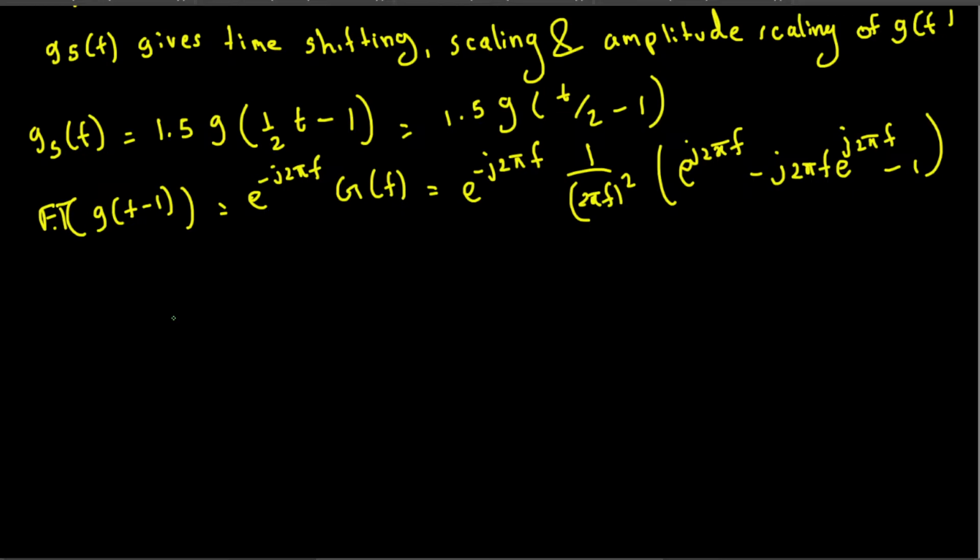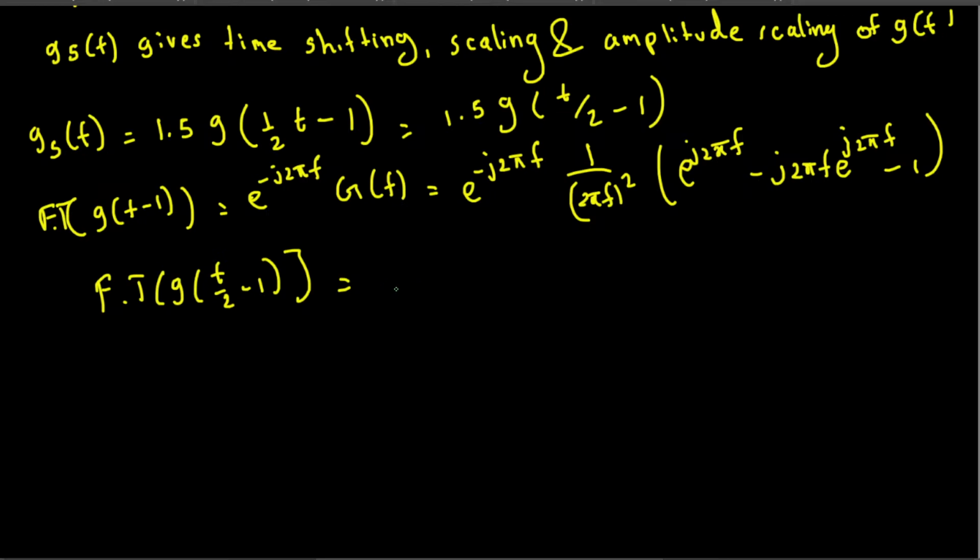Now the next thing is we can find what is t/2 minus 1. So the Fourier transform of g of t/2 minus 1. When we have this dividing over here, in the Fourier transform it multiplies.